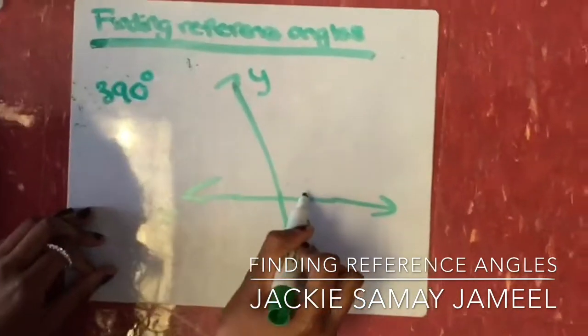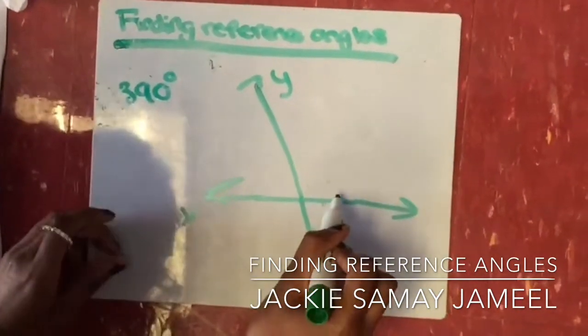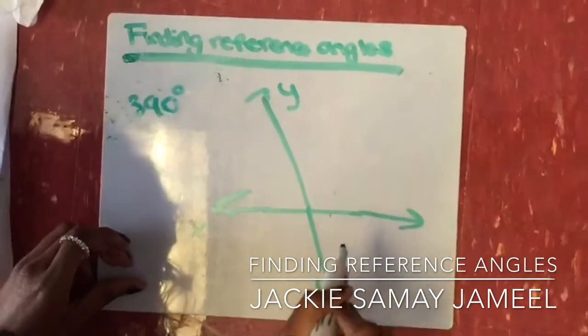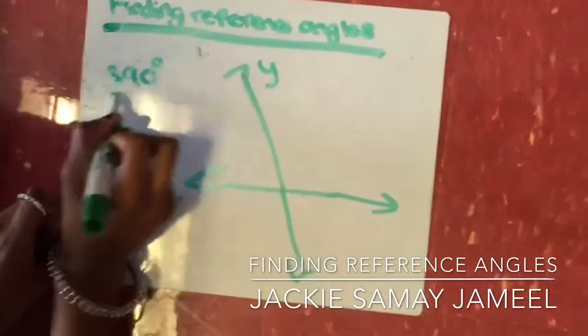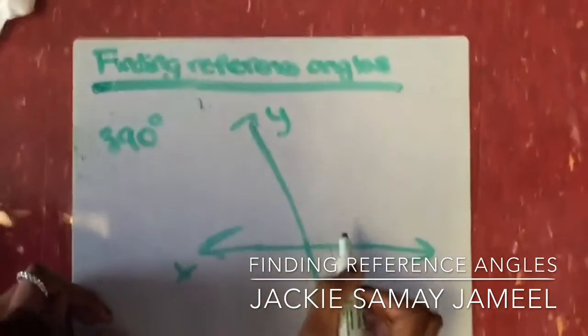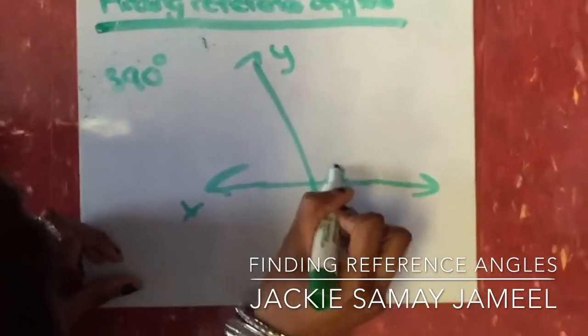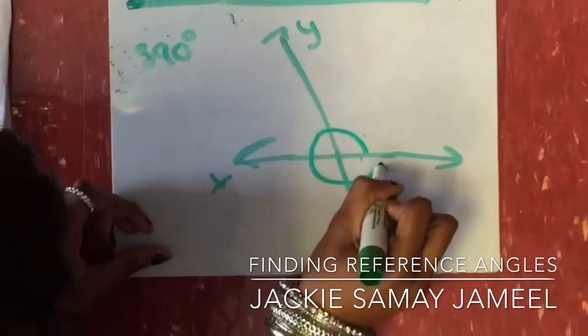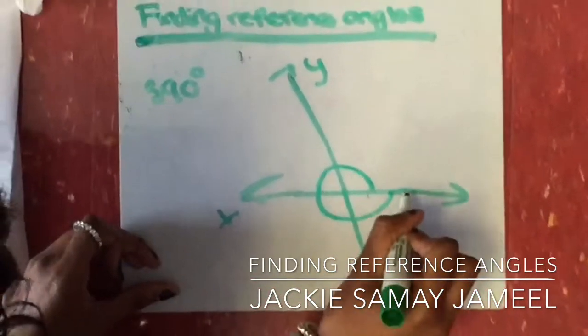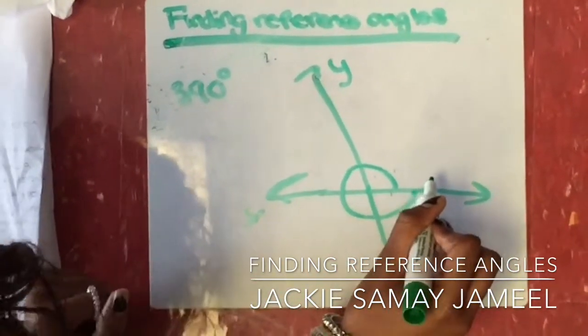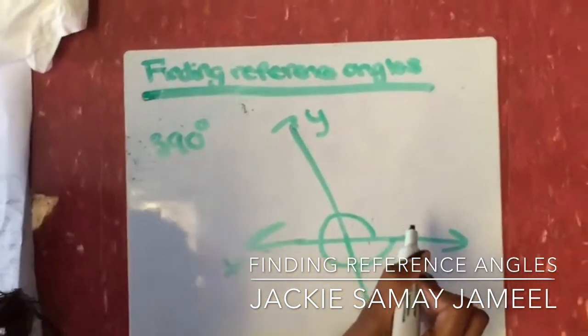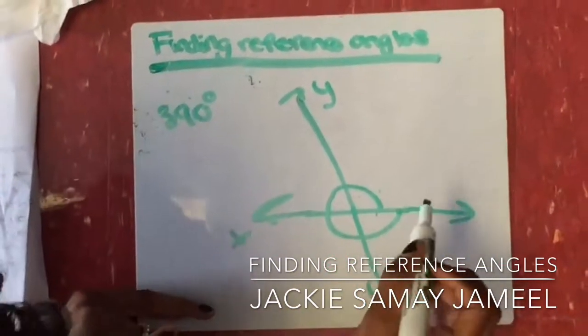When it's positive, you go counterclockwise, and when it's negative, you go clockwise. So for example, this is positive 390 degrees. You would go looping around once, that's 360. But the circle doesn't close, it becomes a swirl as you pass 360 degrees.